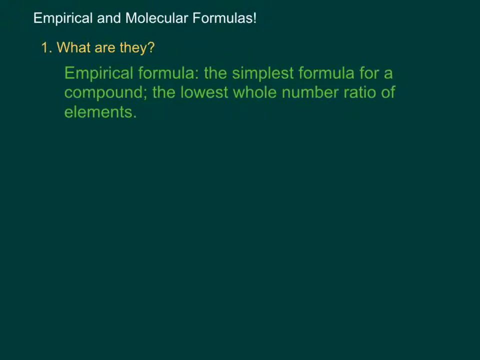An empirical formula is the simplest formula for a compound, meaning it's written in the lowest whole number ratio of elements that are in the compound. So an example of this: if you have, say, glucose, C6H12O6, its empirical formula would be CH2O.